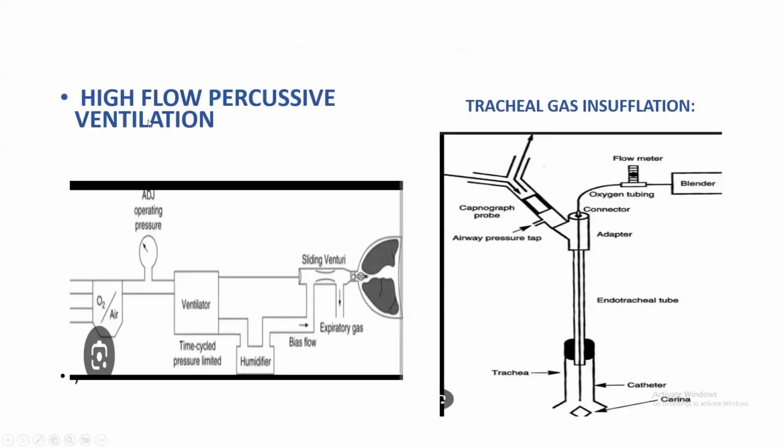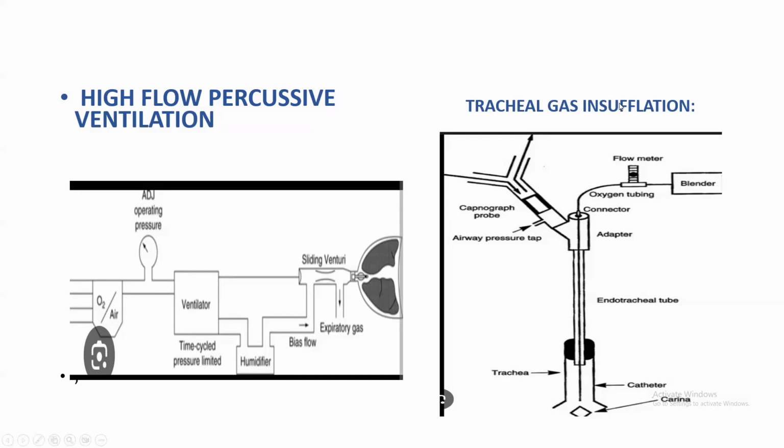This is high frequency percussive ventilation, in which the ventilation we are providing to the patient has more oscillations. The frequency of the breaths will be higher, around 200 to 300 breaths in low tidal volumes.